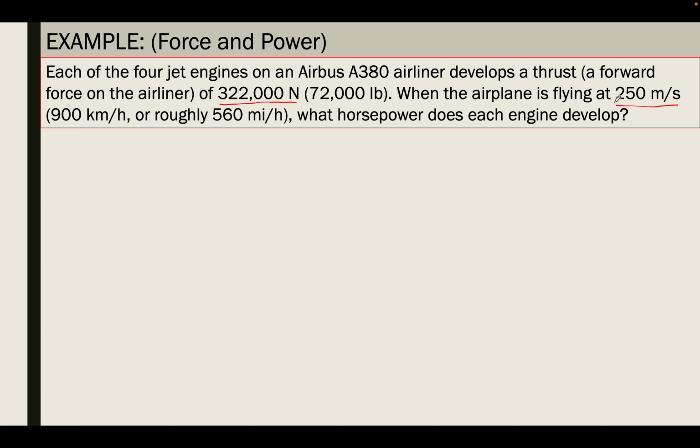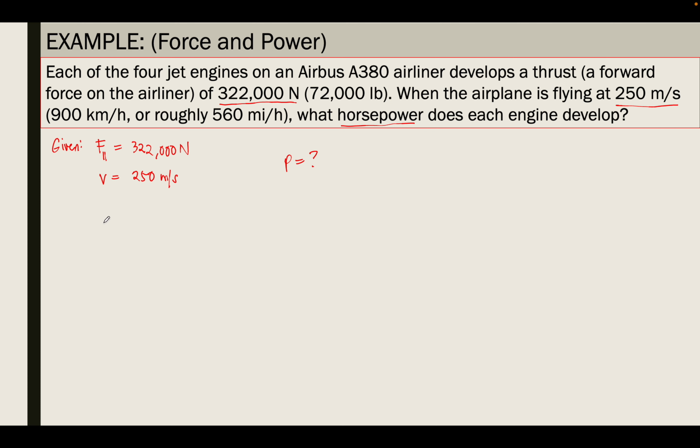On the previous slide we are given the formula for power, but first we will write the given values. The parallel force is 322,000 newtons, and the speed is 250 meters per second. We are asked to solve for the power in terms of horsepower or HP.